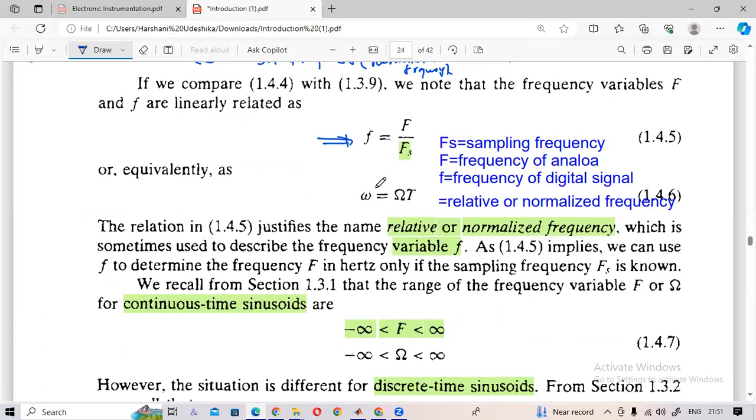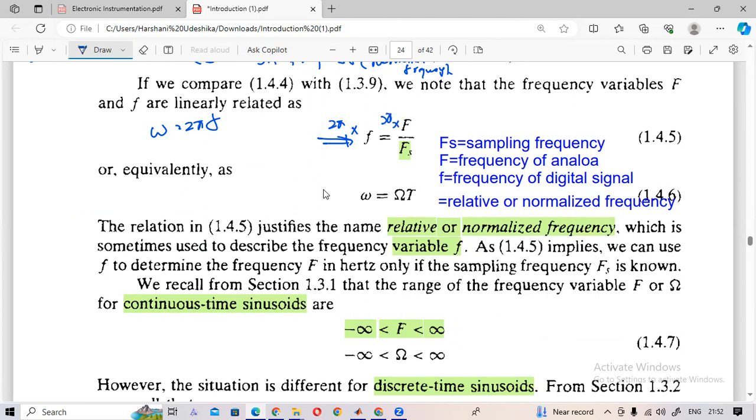And this is using the angular velocity. This small omega is the normalized angular velocity, and this capital omega is the continuous time signal angular frequency, omega = 2πF. So you can multiply this side by 2π and that side by 2π.